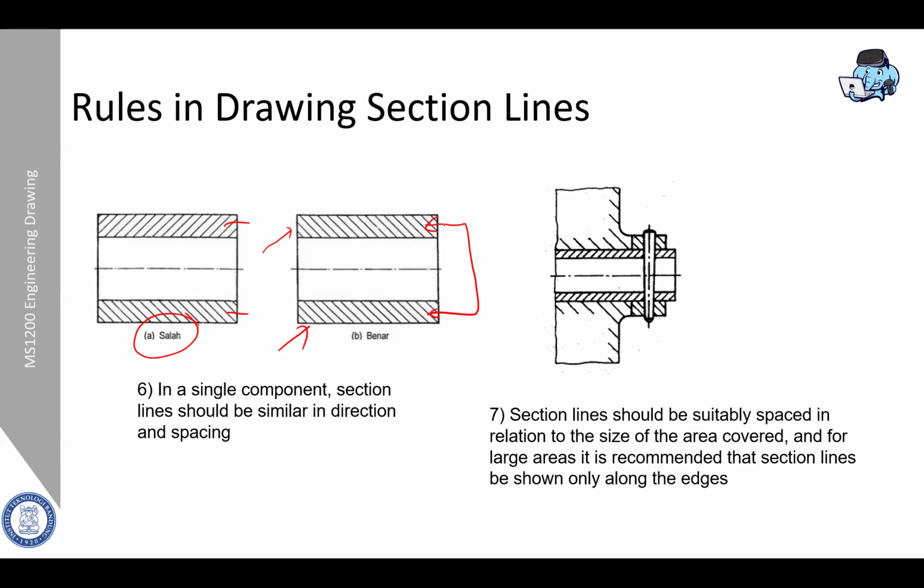Ya, nggak ada gunanya, menghabiskan waktu. So it is recommended that section lines be shown only along the edges. Jadi hanya bagian ini saja. Kalau areanya besar, seperti itu. Jadi nggak perlu digambar mengcover seluruh area. Oke.